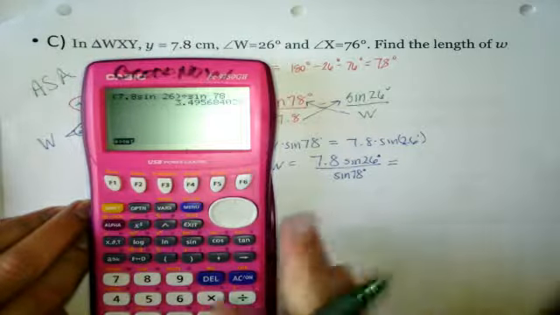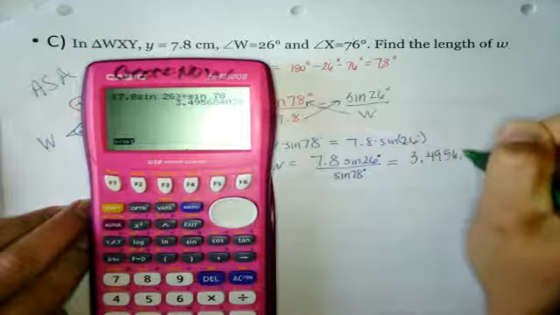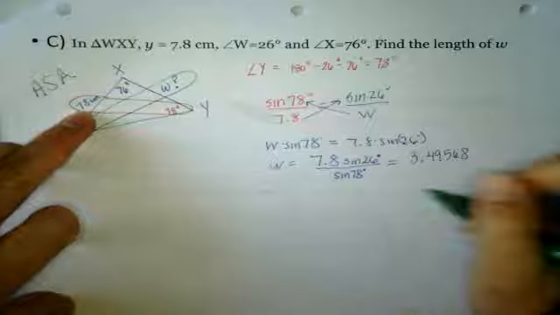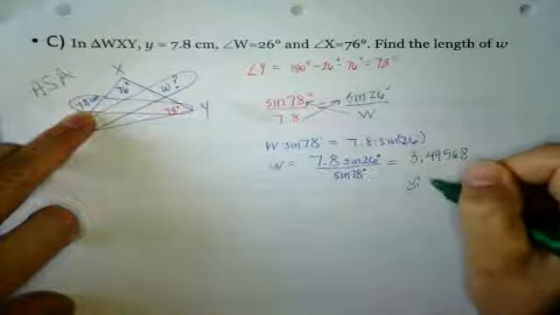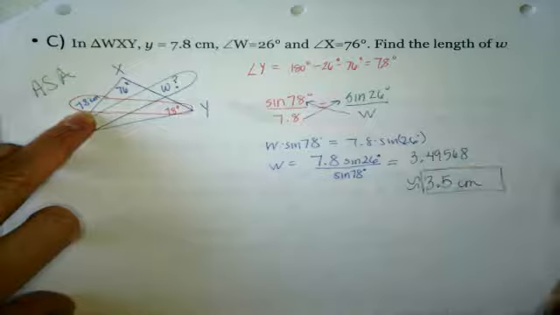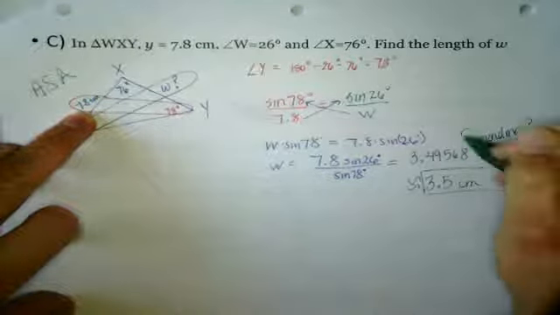And this turns out to be 3.49568. And looking that they rounded to the tenths place, I would assume that would be 3.5 centimeters approximately. Again, what is the rounding? Pay attention to what they're asking for.